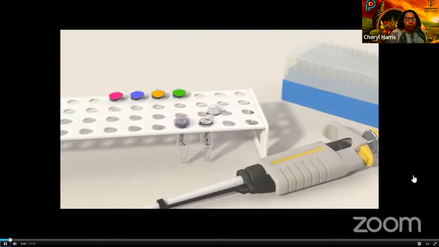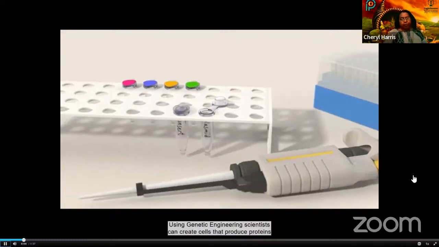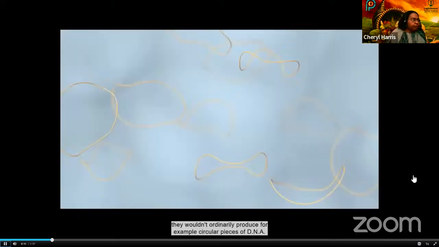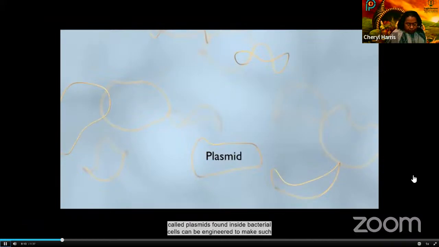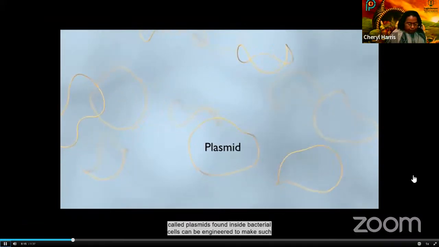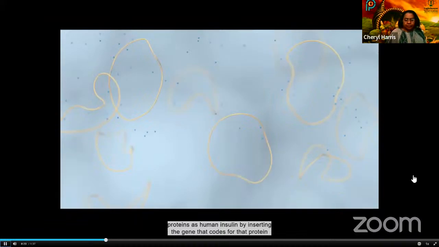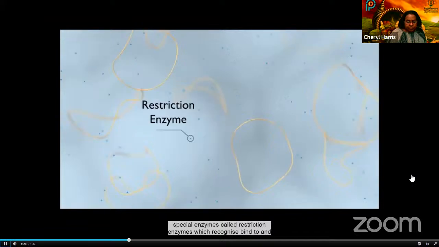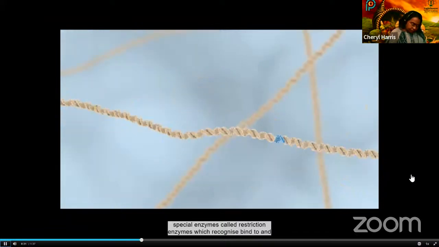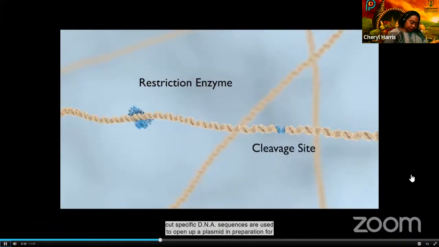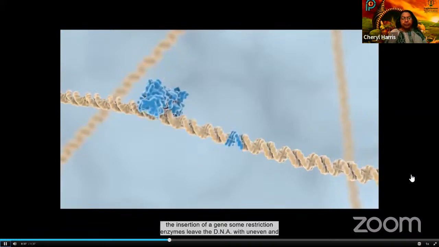Using genetic engineering, scientists can create cells that produce proteins they wouldn't ordinarily produce. For example, circular pieces of DNA, called plasmids, found inside bacterial cells, can be engineered to make such proteins as human insulin by inserting the gene that codes for that protein. Special enzymes called restriction enzymes, which recognize, bind to, and cut specific DNA sequences, are used to open up a plasmid in preparation for the insertion of a gene.